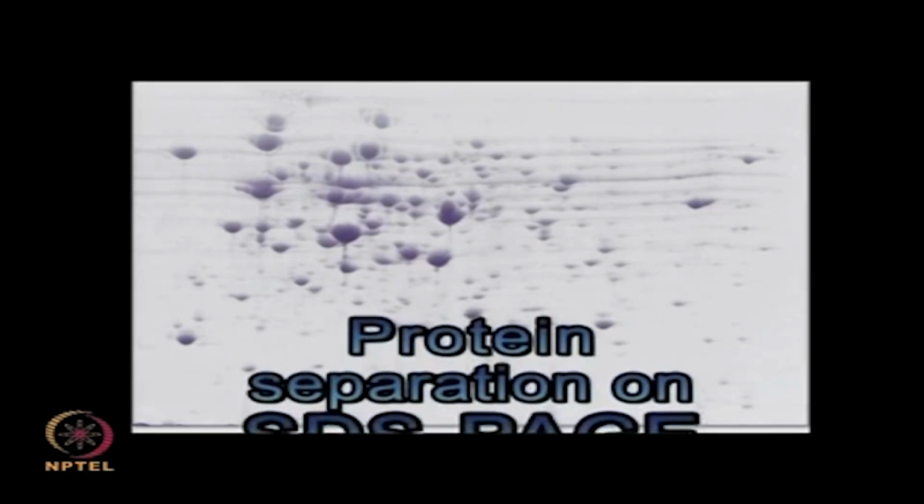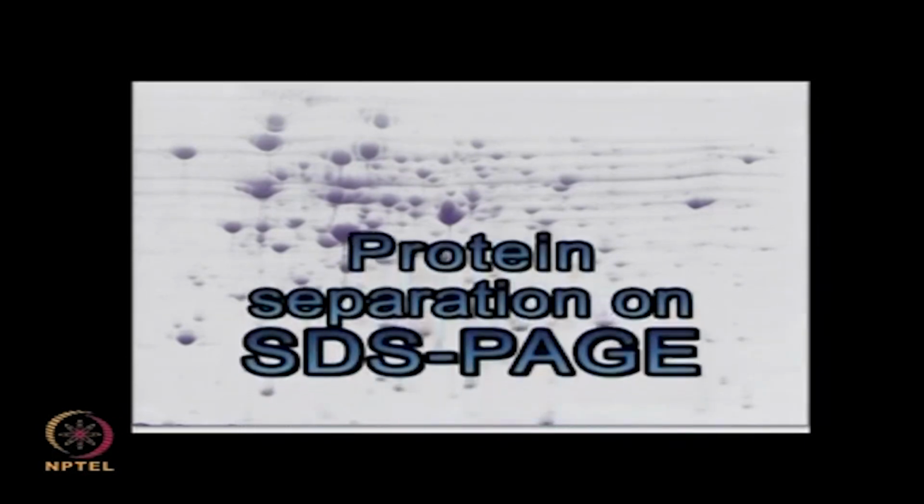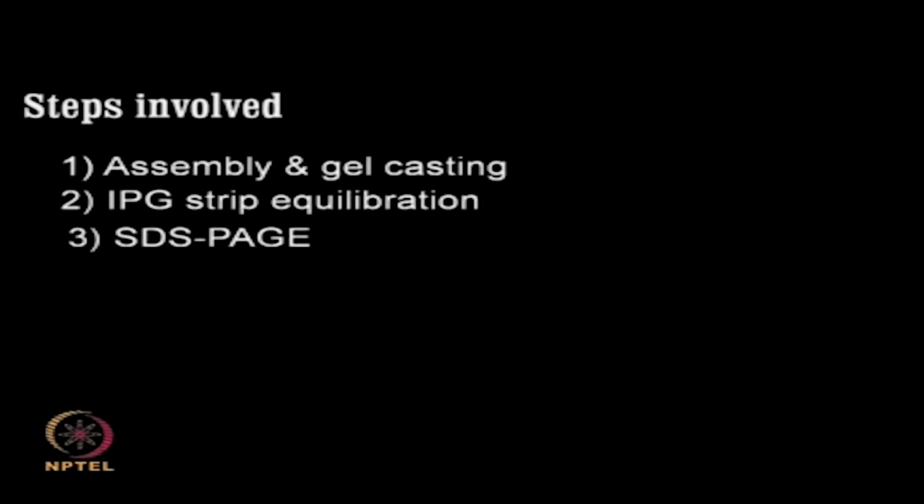Protein separation by SDS PAGE. SDS PAGE, which constitutes the second dimension of two-dimensional gel electrophoresis, involves assembly of the gel apparatus, gel casting, equilibration of the IPG strip, followed by placement of the IPG strip on the gel and protein separation. Assembly of gel apparatus and gel casting.